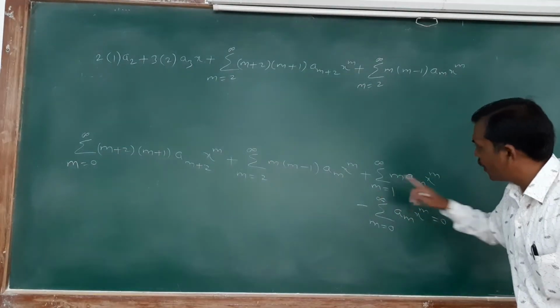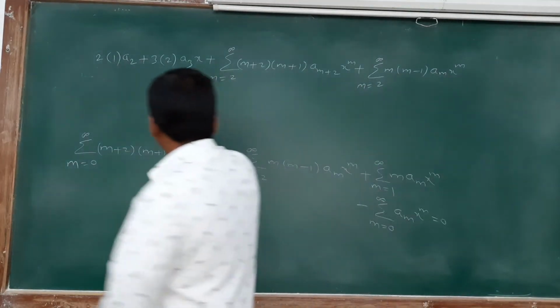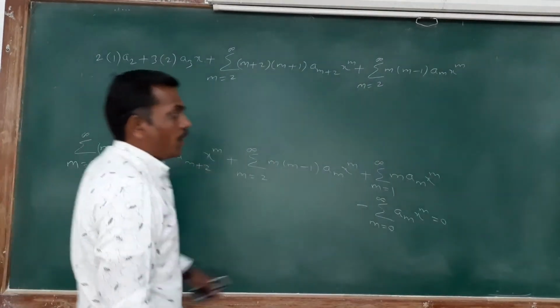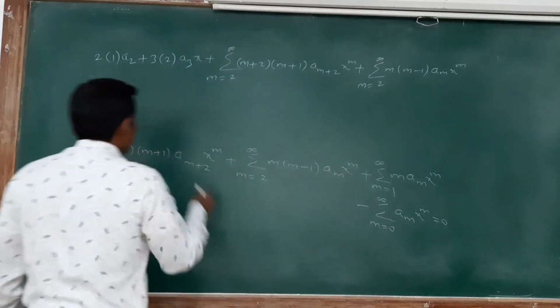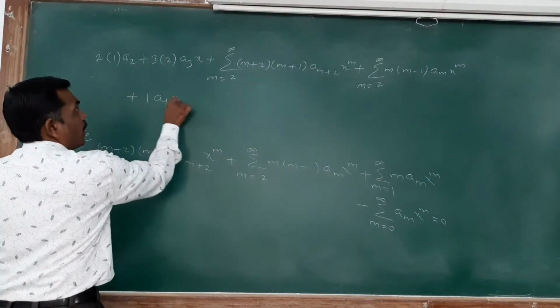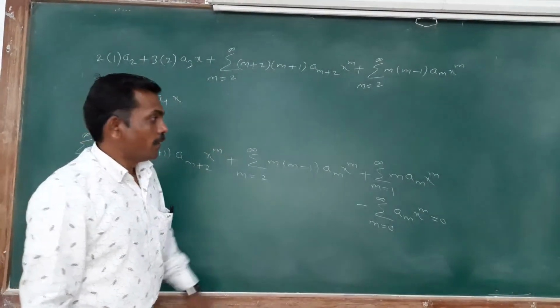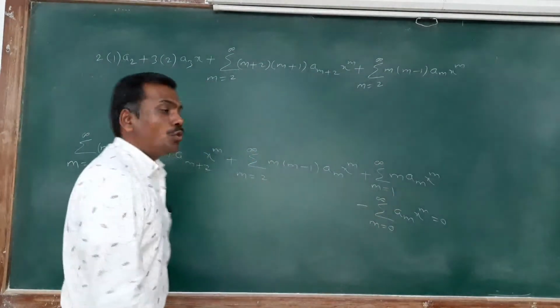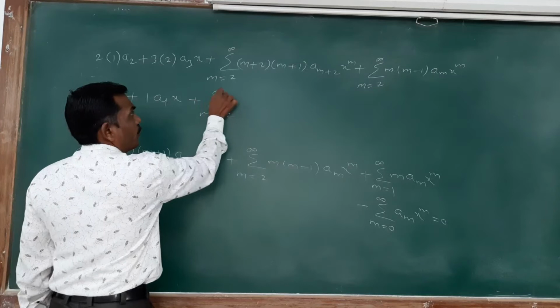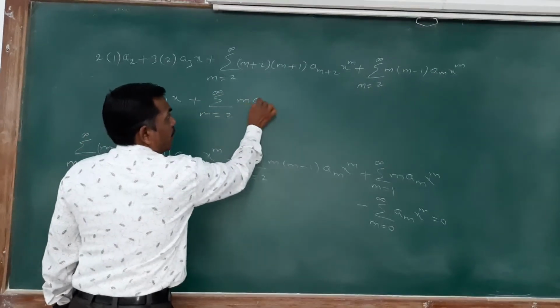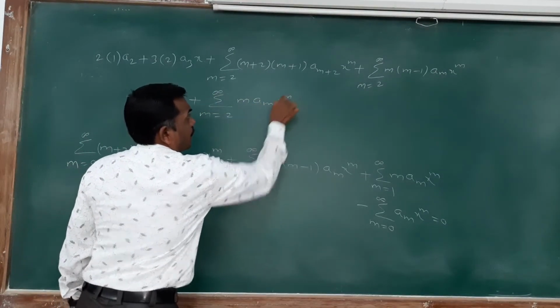Substitute here m equal to 1. What I get? Plus. And write it in second. Plus. Now write m equal to 1, 1 a1. So here 1 a1 and x raised to 1, that is x. And remaining term starts from 2. So here plus summation m equal to 2 to infinity am x raised to m.